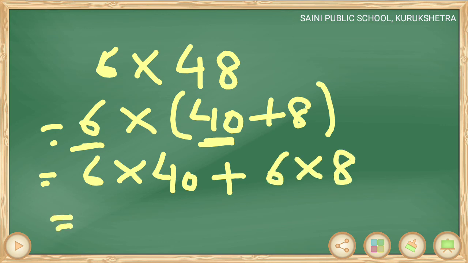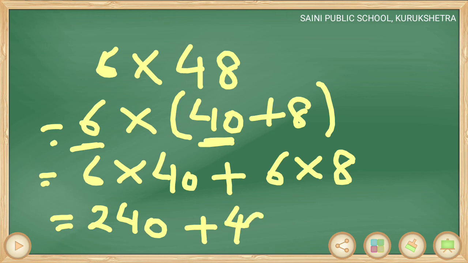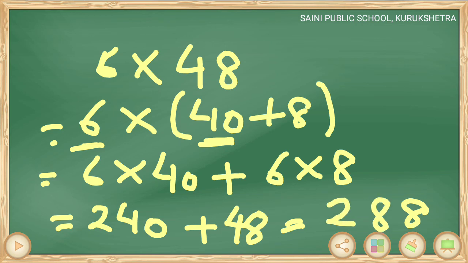Now 6 into 40, how much? 240, plus 6 into 8, how much? 48. So our answer is how much? You can see here 240 plus 48. How much here? 8 plus 0, 8, and 4 plus 4, 8, and here 2. So our answer is 288. In this way we can use distributive property.